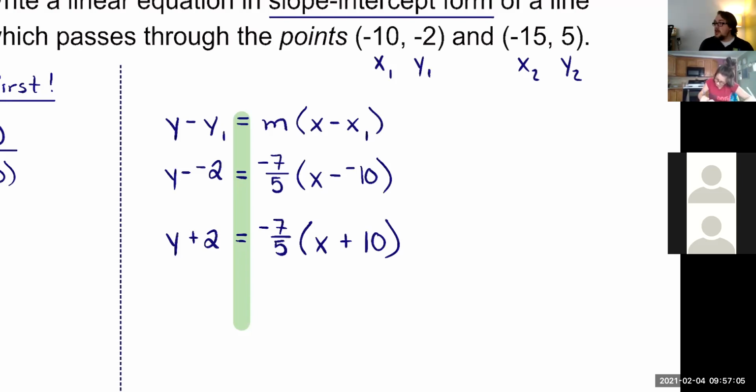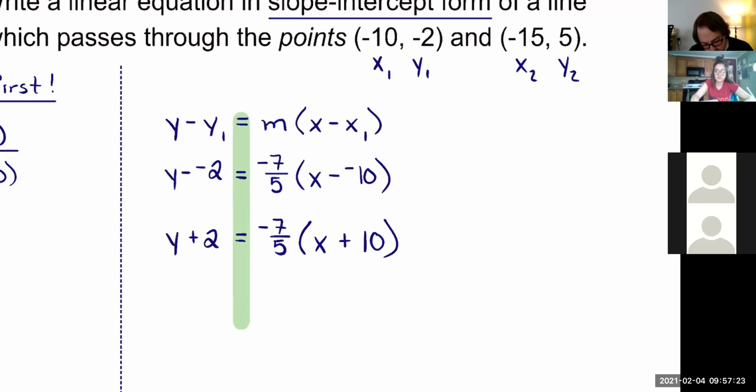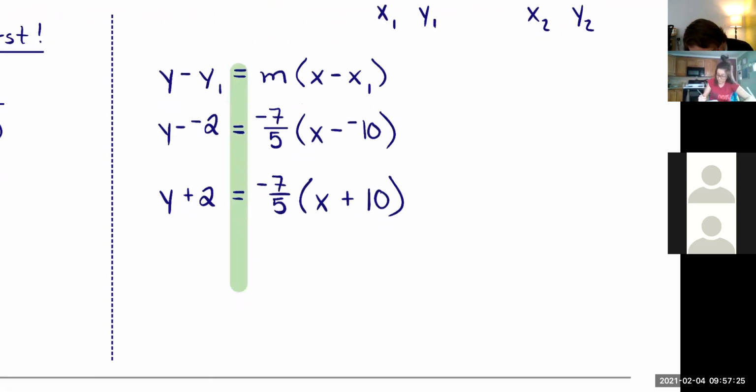So good news, we have our equation for this line. The bad news, we're not quite to slope-intercept form as requested. What should draw our eyes first? Parentheses. Those parentheses. Parentheses should always catch our eye first. So in this case, we're going to do a distribution. So I'm going to leave the y plus 2 alone.